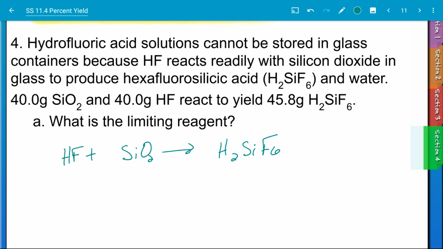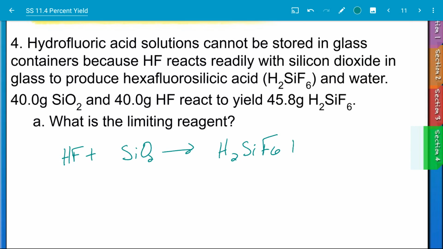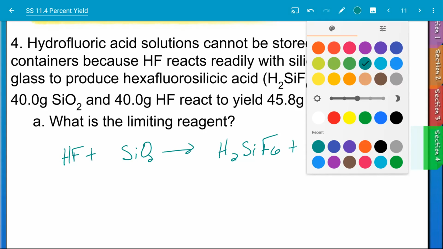All right, so we're going to balance this monster. Plus water. I was like, wait a second, oxygen's not in there. Plus water, there we go.